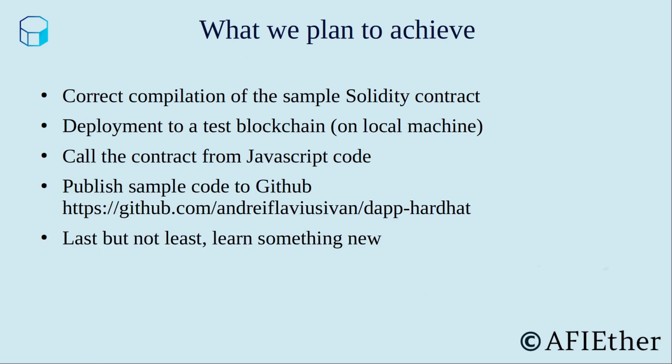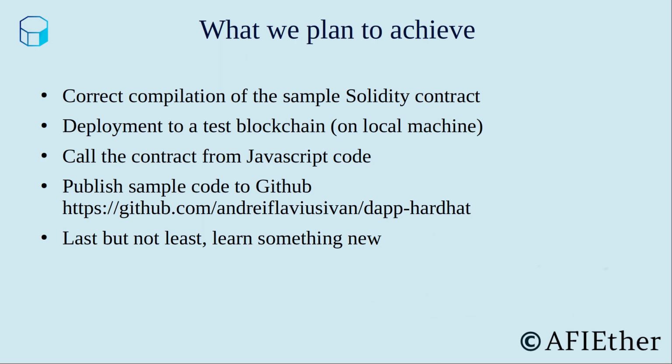So what are we planning to achieve? I want first to have a correct compilation of the smart contract in Solidity and also of any other JavaScript code from the Node.js project. I would like this smart contract to be deployable to at least a test blockchain on the local machine.